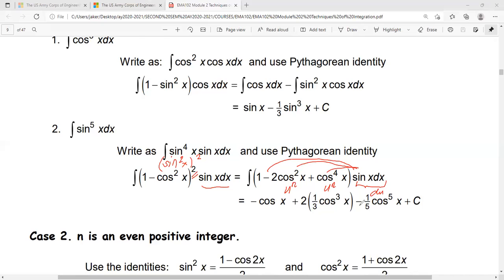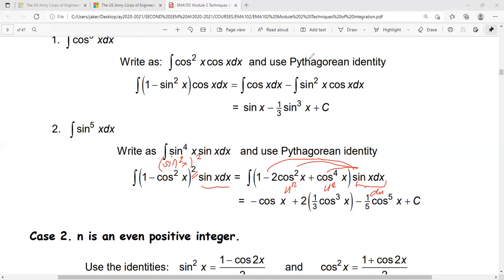For the last term, it will become negative because in here your sign is positive. So you need to place a negative here and a negative as well on the cosine. So the power rule for that will yield cosine of x raised to 5 over 5, with, of course, the sign being negative.